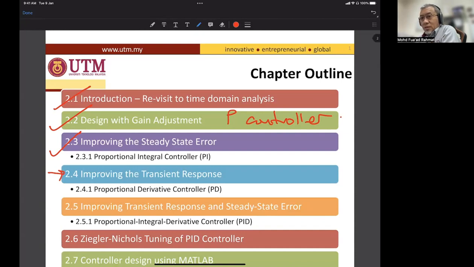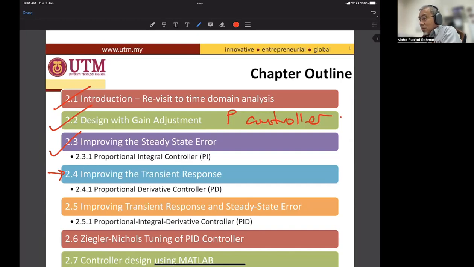As in the first half of the lecture just now, it takes a longer time, about 600 seconds, to achieve steady state error 0. This is a problem as well because it's slow. We don't want 600 seconds, which is about 10 minutes. So we have to improve and make it faster, fasten the transient response.